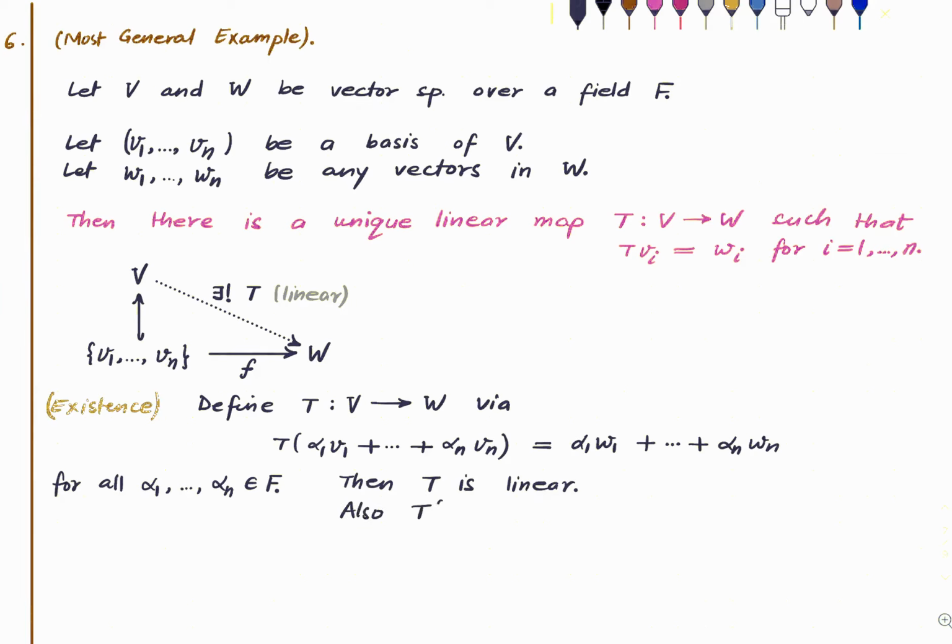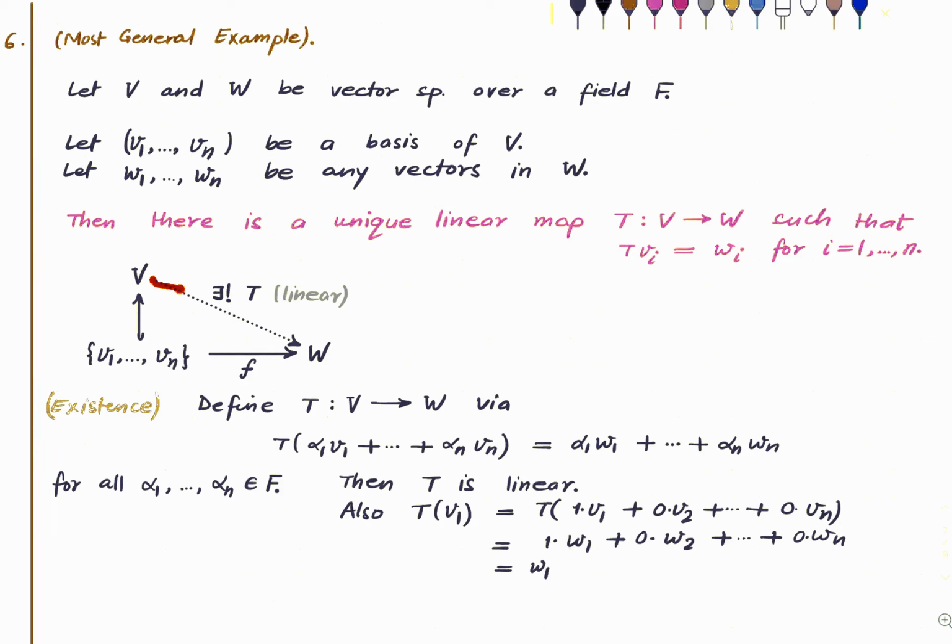T of v_1 is T of 1 times v_1 plus 0 times v_2 plus ... plus 0 times v_n, which is 1 times w_1 plus 0 times w_2 plus ... plus 0 times w_n, which is w_1. So T v_1 is w_1 and similarly T v_i is w_i, and therefore this proves existence, that indeed there is at least one linear map which respects the image that we chose for each basis element.